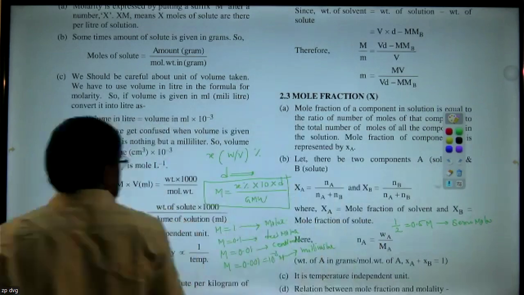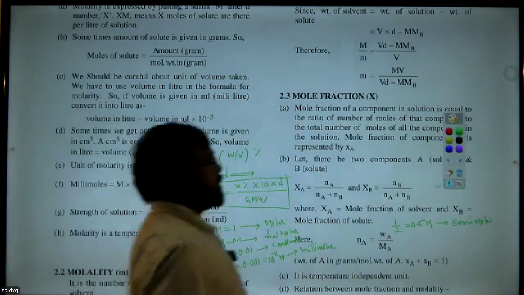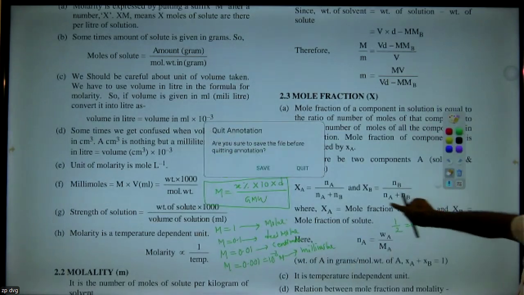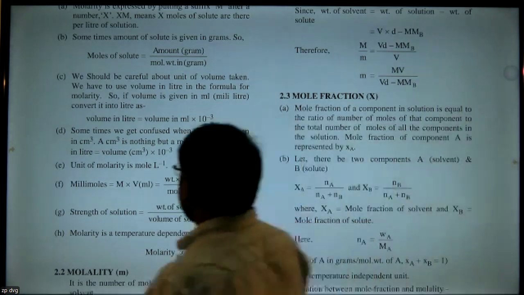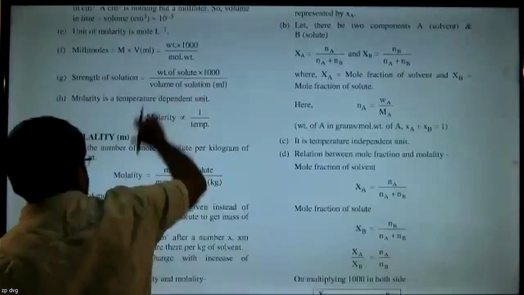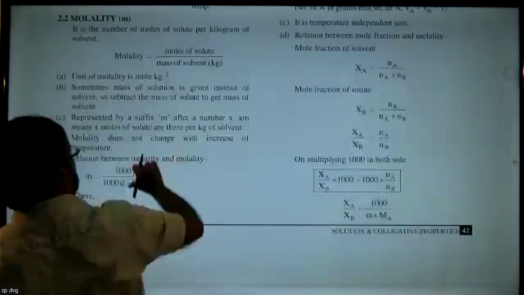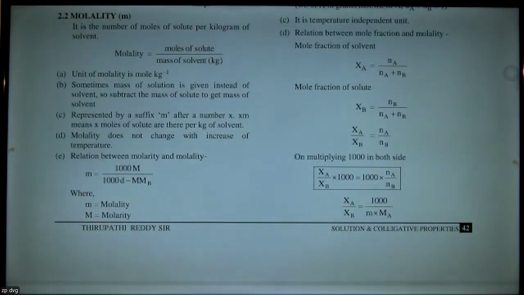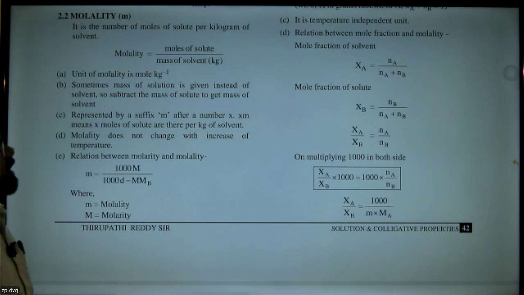The next one, let us see one more concentration term, that is molality. Molality is very simple. What is the molality?